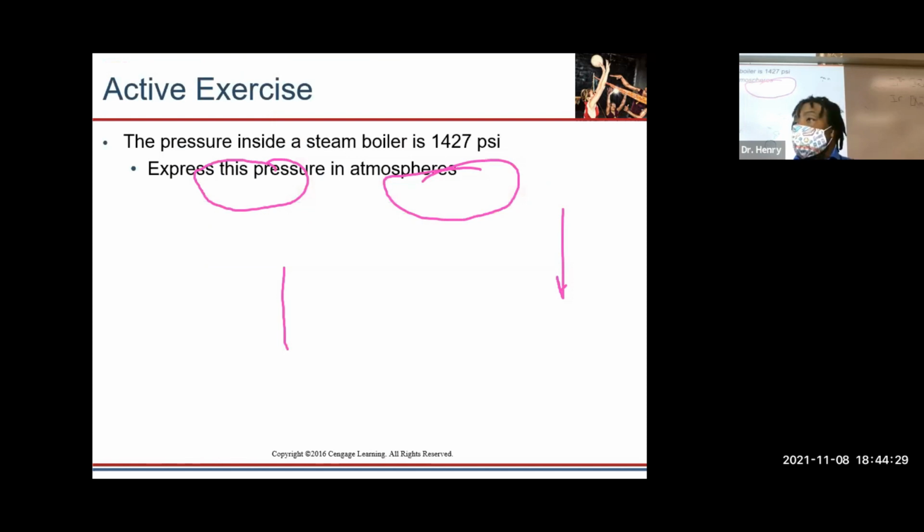So we'll start simple. The pressure inside a steam boiler is 1,427 psi. So first off, let's change this to atmospheres. So we know that 1 atmosphere equals how many psi?